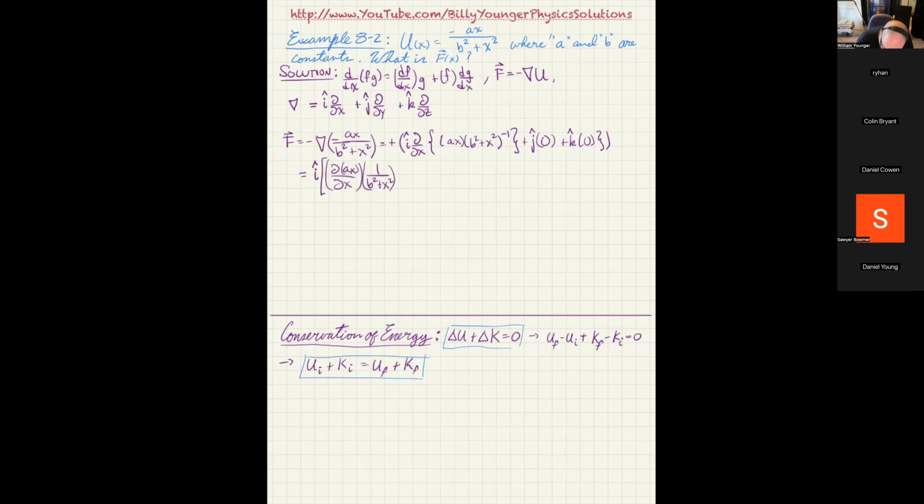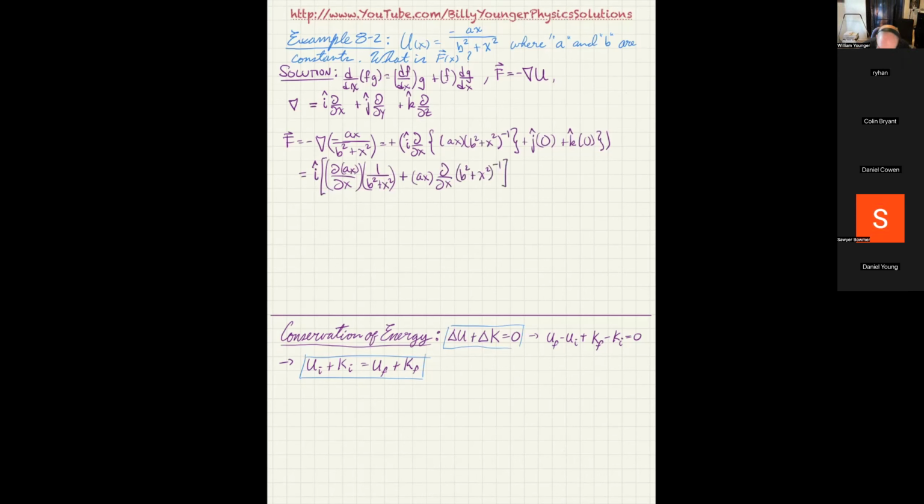Now I'm going to do the other part of the product rule. So I'm going to instead leave the a times x alone, and now I'm going to take the derivative with respect to x of b squared plus x squared to the negative 1 power.